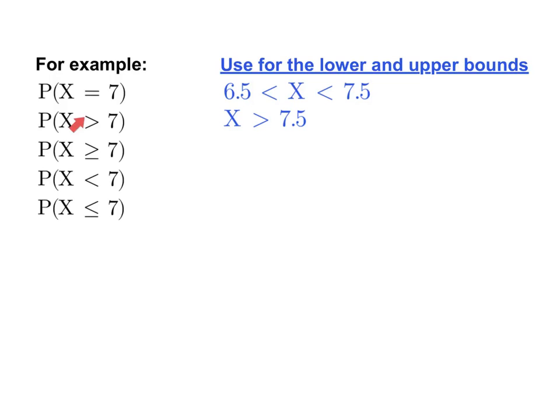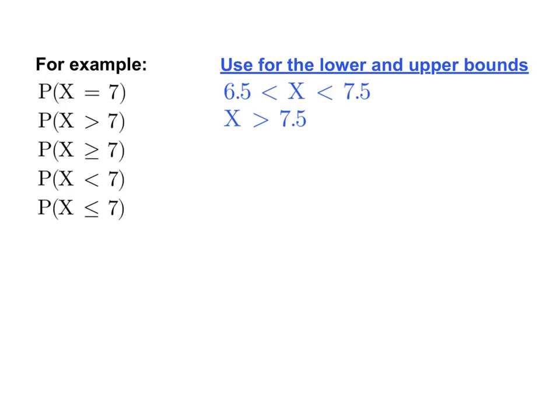Okay? So in this case, what I do is I exclude 7, and so everything greater than 7.5 will actually have this value. Again, it's an approximation, so that's why it's not exact. But if I used 7 instead of 7.5, I would be including 7. And we don't want to include 7. And it's always a half a decimal value.